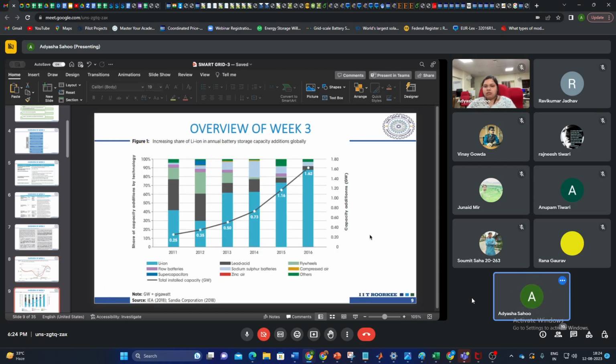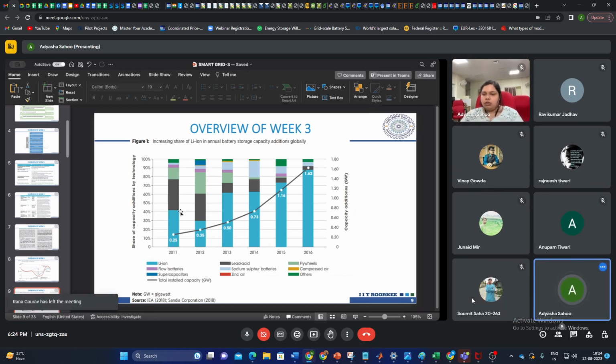This is a global plot for the share of various battery storage technologies. So we see earlier our lithium ion batteries covered up to 40% of the global share, and lead acid batteries were also significant. But as the technology for lithium ion has matured over the years, there has been a decrease in cost.